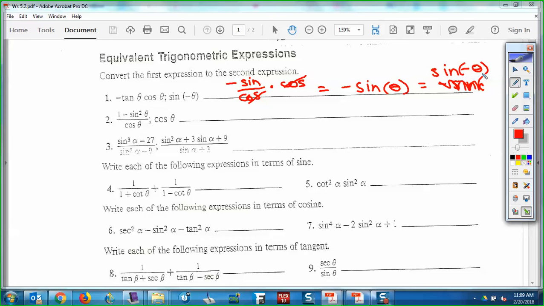And that's true for cosecant, tangent, and cotangent. And then for cosine and secant, a negative on the inside is the same as not having a negative at all. We can just get rid of it. So we do that, which leads us to that, and that's what we want to end up with.